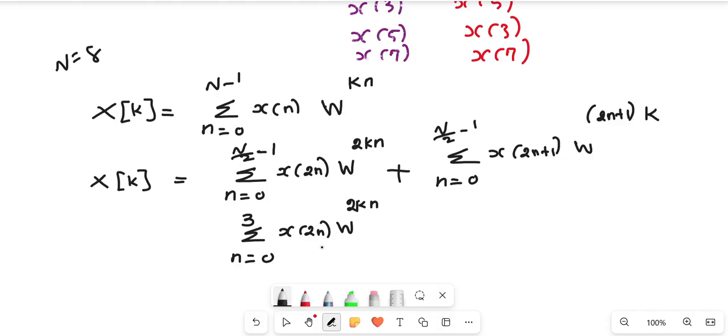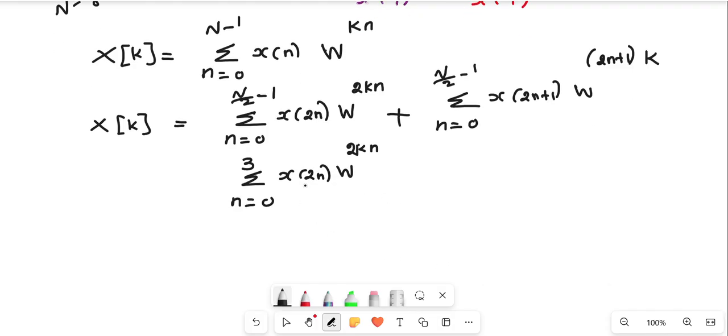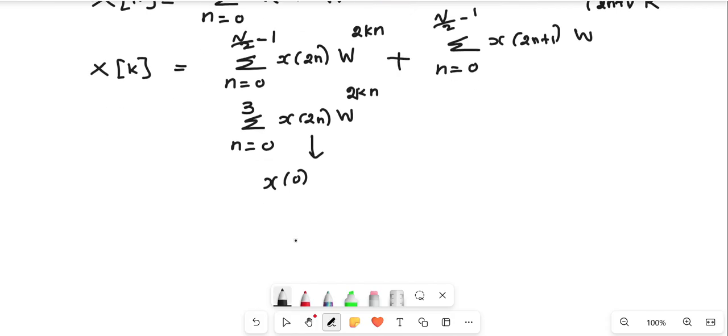Okay, if you substitute, you will get x of 0 sequence, and 1 means x of 2 sequence will be there, 3 means 6. So these samples are divided into even and odd samples with respect to the position. This is an even term, this is an odd term.